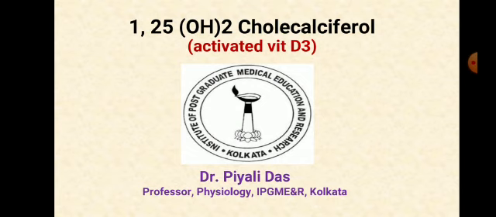But why is this vitamin considered as a hormone? What is the reason behind this? This is because its mode of action is just like other endocrinal substances. That is, it is synthesized somewhere and, being bloodborne, it is carried over to the target organs where the specific receptors are situated.